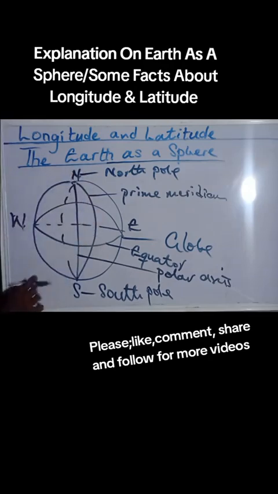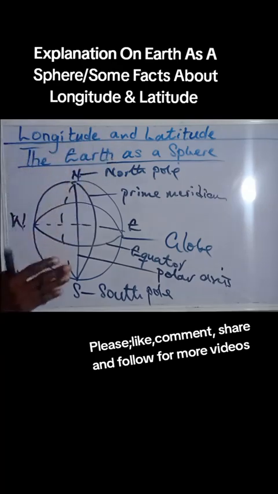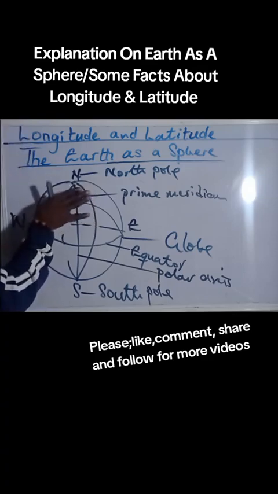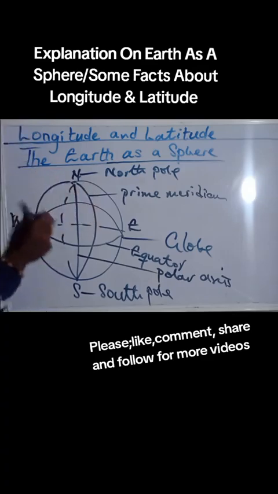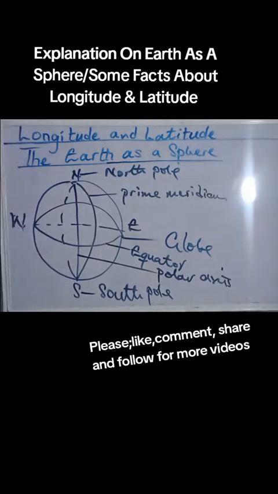And under this one, we make use of longitude and latitude to locate a particular point or a particular area or a particular region on a sphere or an Earth.